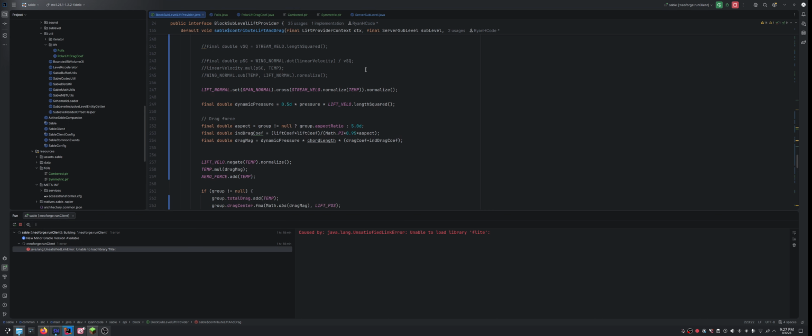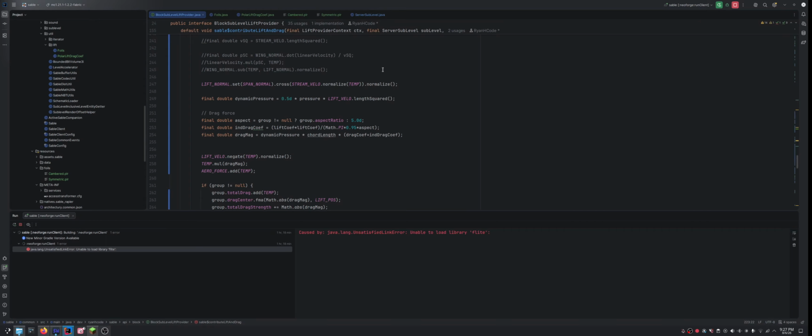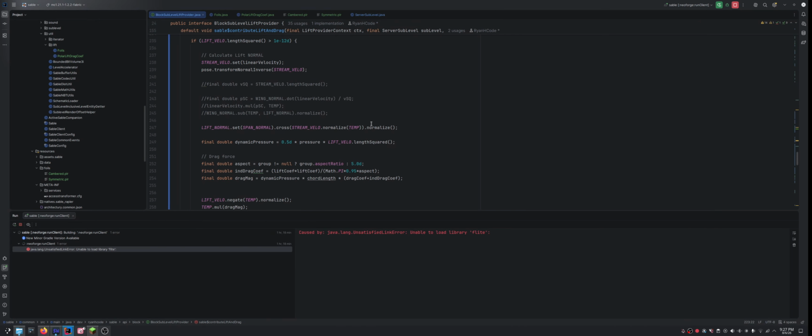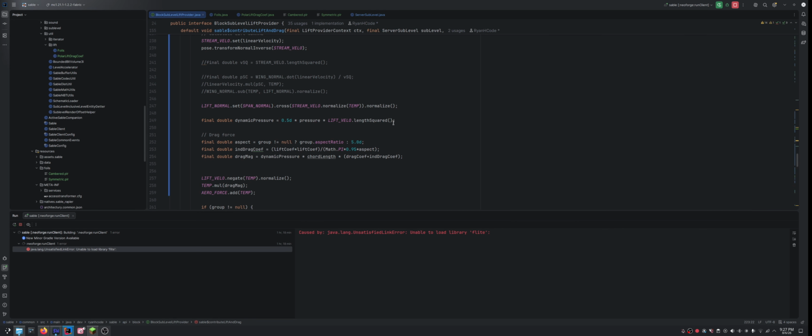After we have that, I can calculate the lift normal using the stream velocity, because lift should be perpendicular to the stream velocity. The actual forward-back axis should be perpendicular to it as well.